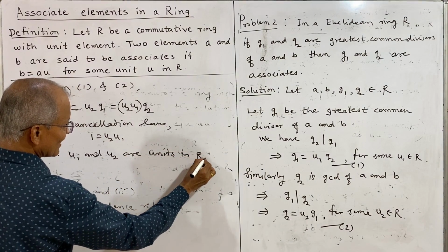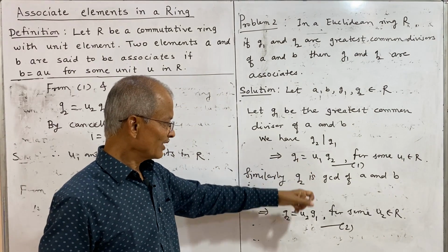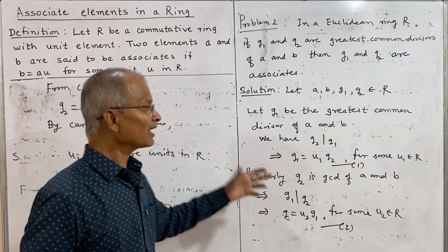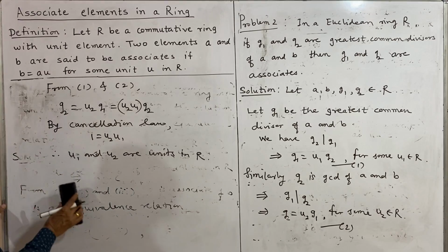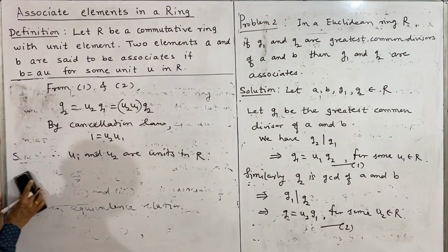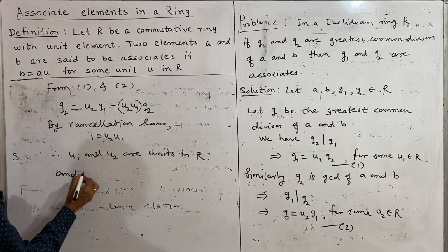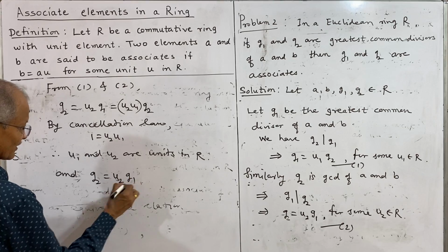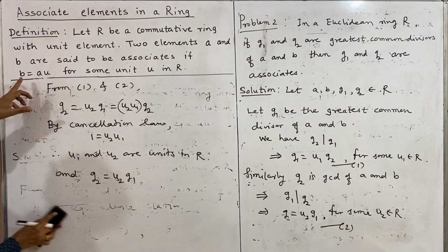And once U1 and U2 become units, we have G2 is equal to U2 G1, therefore G1 and G2 are associates. A and B are associates if U is a unit, and this shows that G2 is equal to U2 G1. So G1 and G2 are associates by this definition.